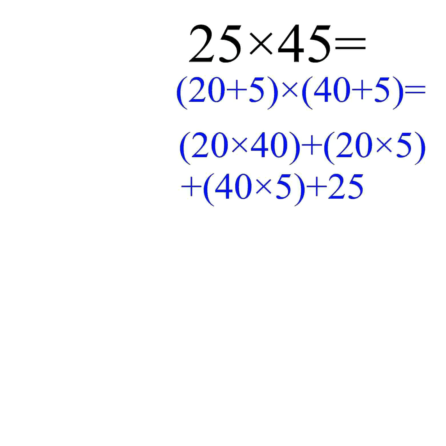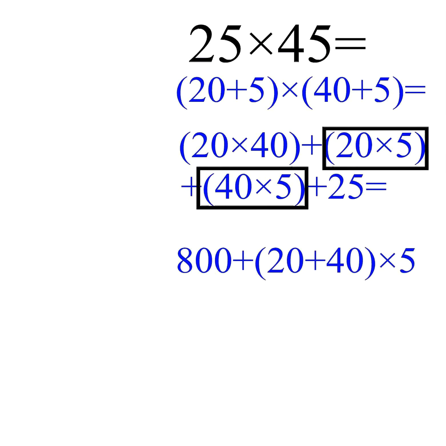So 20 times 40 would be 800, and again, using the distributive property, we could write the sum of these two as the sum of 20 and 40 times 5. Plus the 25, okay?